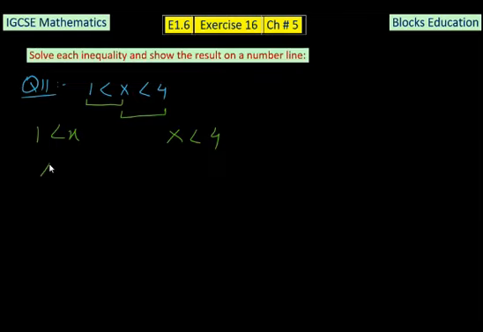Now we will solve it like normal. So it says here x greater than 1, right? And here it says x less than 4. So to solve it, what you have to do, just draw a straight line like this one and take the numbers, one is 1 and the other is 4.